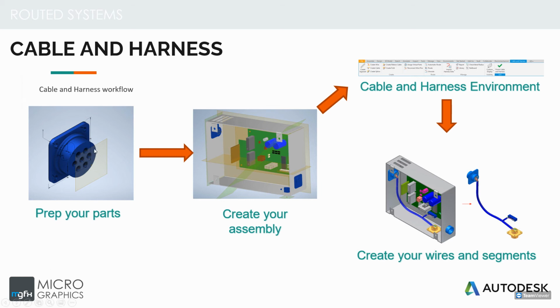So any connector or little plug that you want to use in your environment must be prepped, defining what is a pin and what is a point and where you would like things to start and end. Then you would put them in your assembly. Once you've got your assembly open, you can navigate to the cable and harness environment. And from there, you can create your wires and segments and attempt to route them.